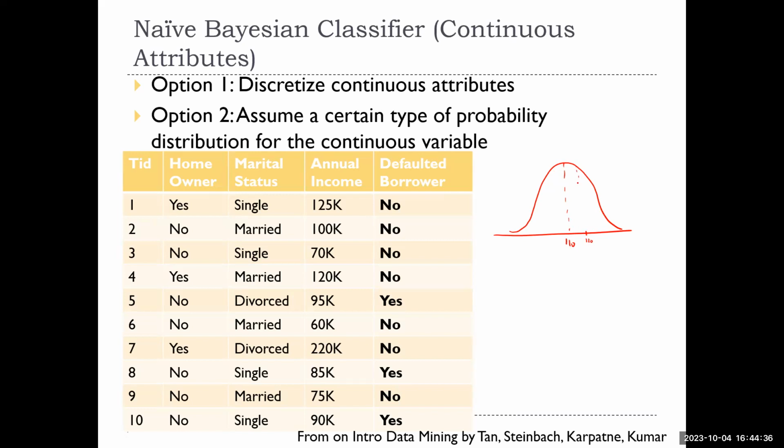We are not just looking at one value, we are looking at the surrounding of it. So what is the area covered here with respect to the total area under that curve? That's what we are trying to measure. If it is very close to here, it's a little bit higher. If it is somewhere far out here, the probability will be very low. Closer to the middle, the higher the probability.